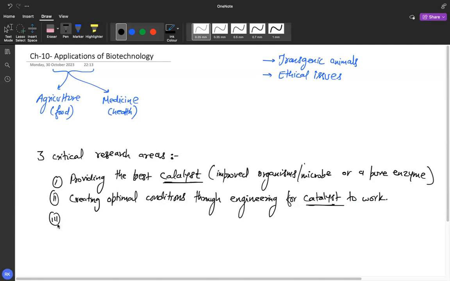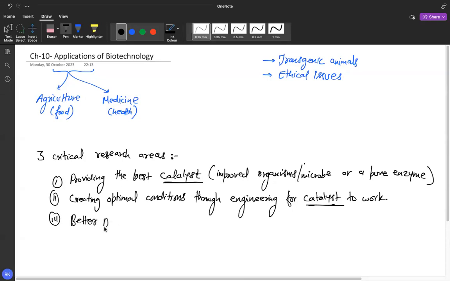And third is, if you do these two things constantly well, then the third thing you have to keep doing research in is the area of technologies that are required for better and better downstream processing to purify the protein, right?